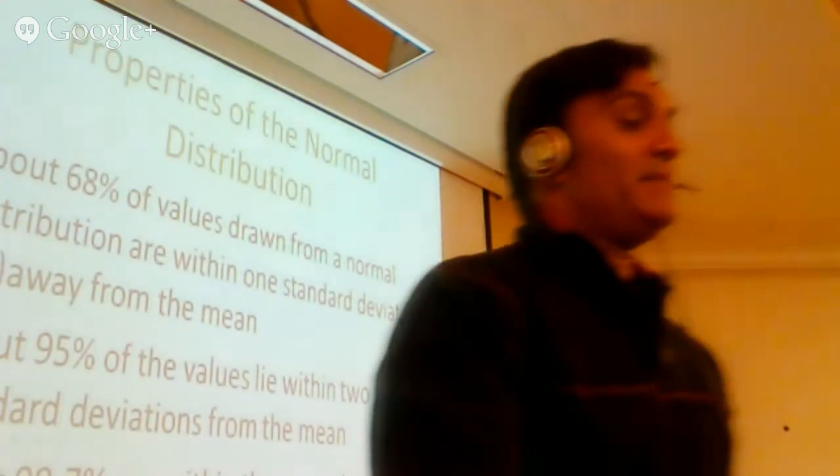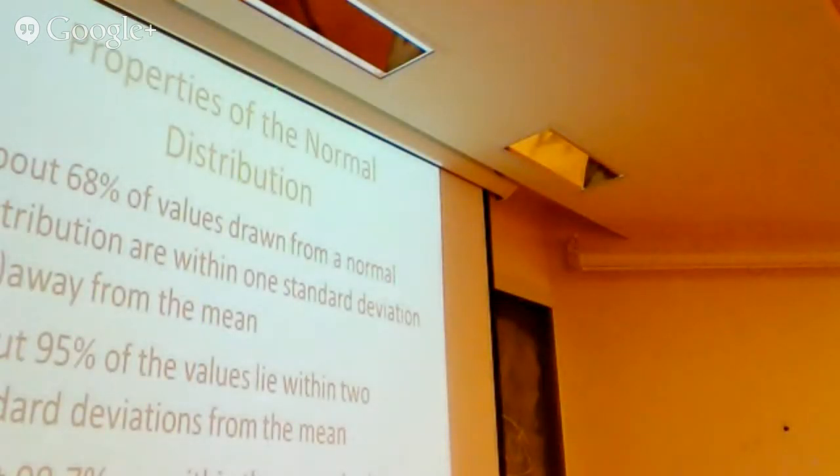So as I mentioned, here's your mean, here's your curve. One standard deviation is about 34% this way and 34% that way. So around the middle, 68% of all of your data is within one standard deviation. And 95% is within 2 standard deviations. You get to 3 and you get almost all of them, 99.7%.